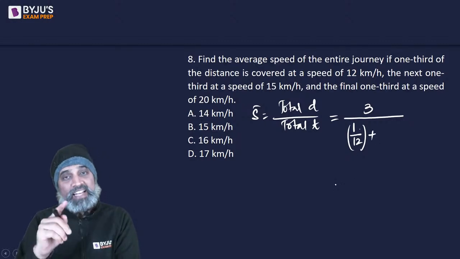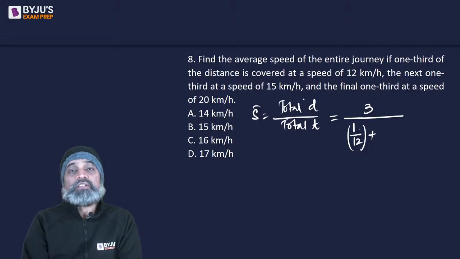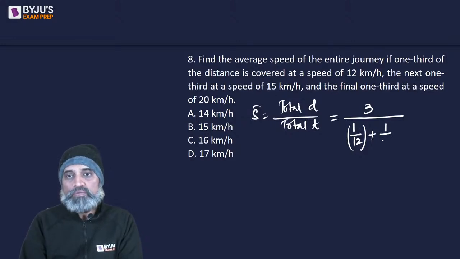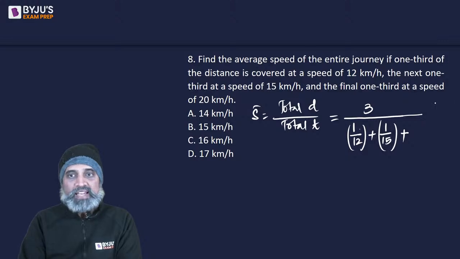What is the time taken in the second part of the journey? The next one third means 1 divided by 15. This is the time taken by the person to cover the second one third. And the final one third at the speed of 20. Right?